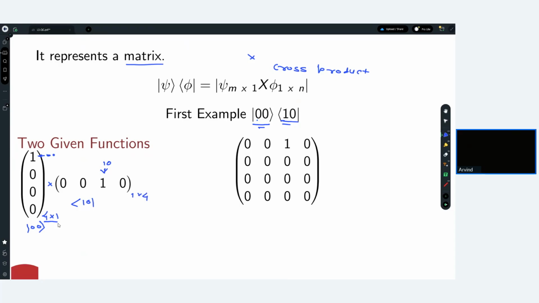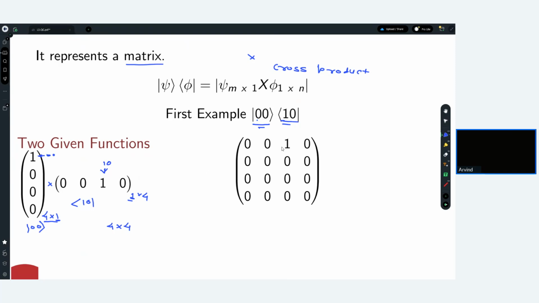Here the number of columns of the first is equal to the number of rows of the second, and if we multiply these two, we will get a resultant matrix of 4 by 4 dimension, in which there will be a 1.